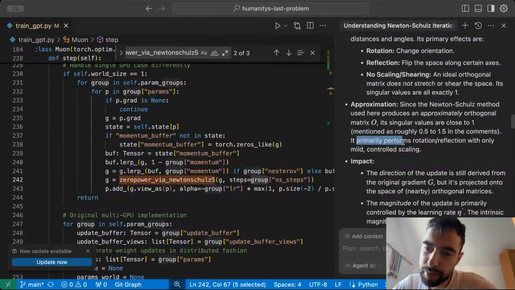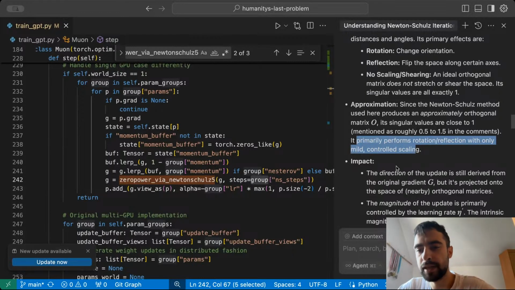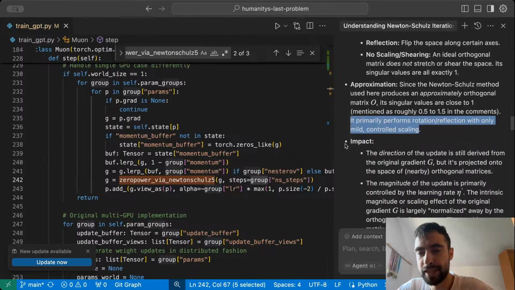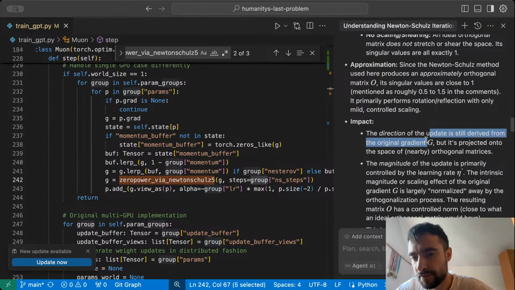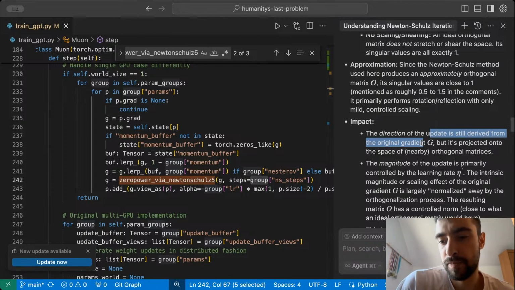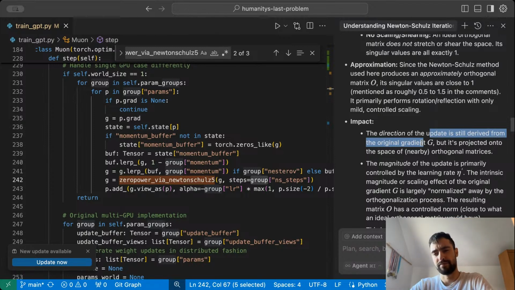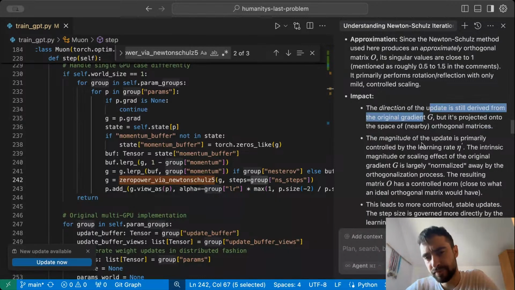It primarily performs rotation reflection with only mild controlled scaling because it's approximate. So that's why there is mild scaling. The direction of the update is still derived from the original gradient, yes. But it's projected onto the space of nearby orthogonal matrices, okay?